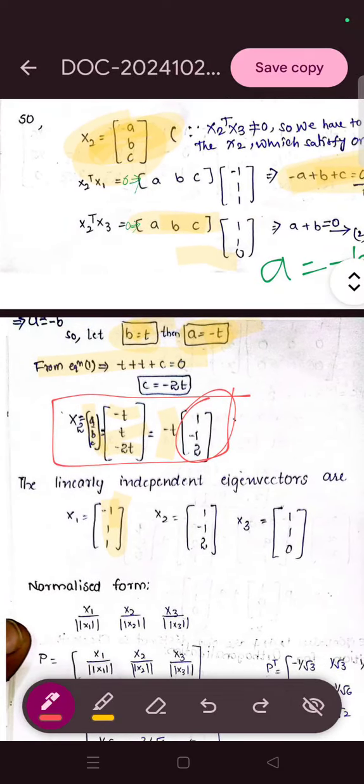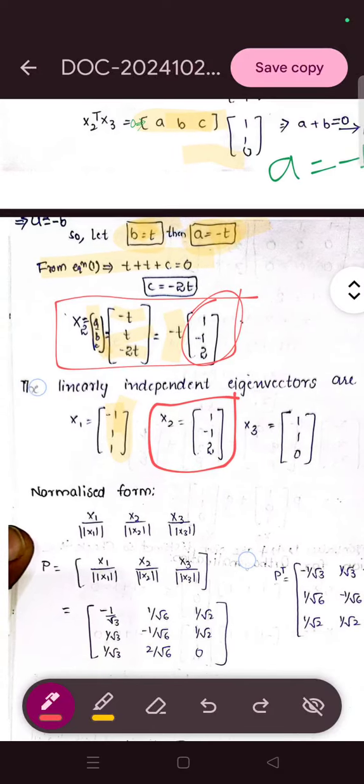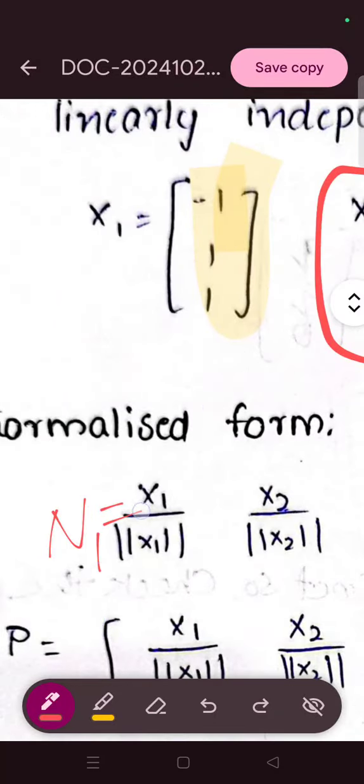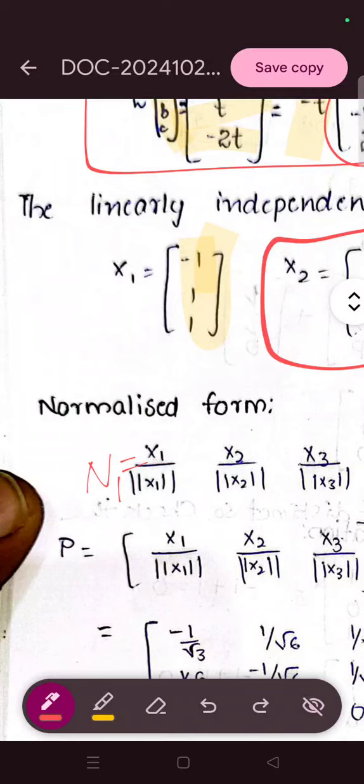So if we check x1 transpose x2, x1 transpose x3 and x2 transpose x3, in all cases we get 0. Because this is a modified eigenvector, this is an orthogonal eigenvector. So we know that each eigenvector is normalized. Let's say for the normalized vector n1, n1 equals capital X1 by norm of x1.